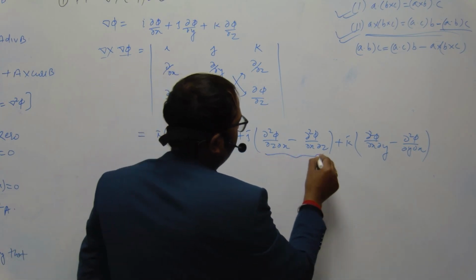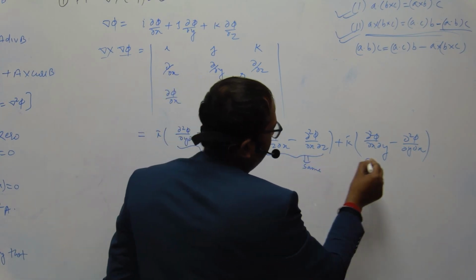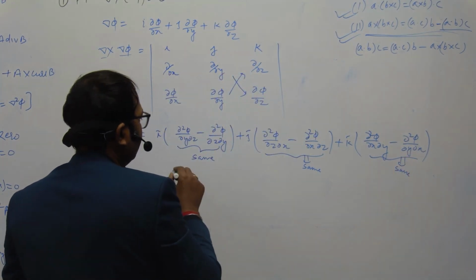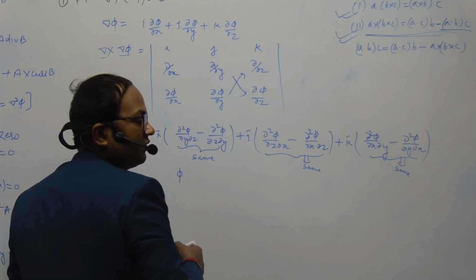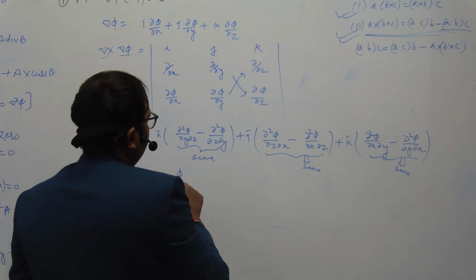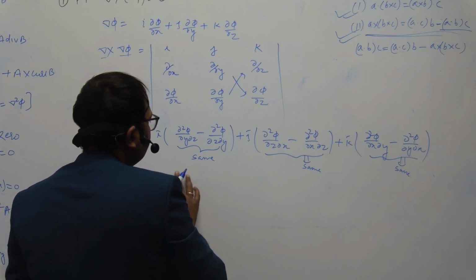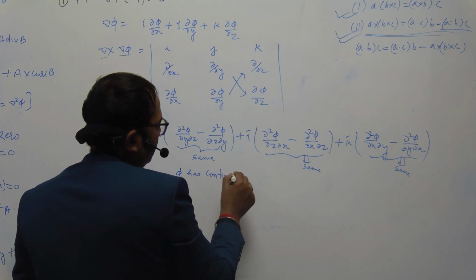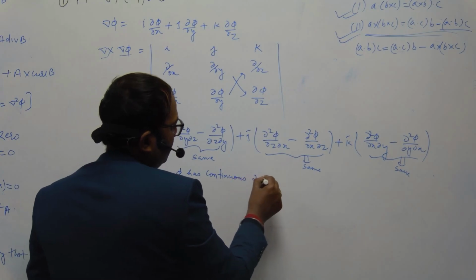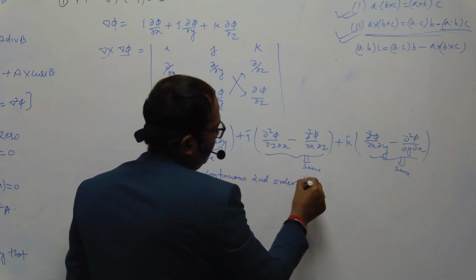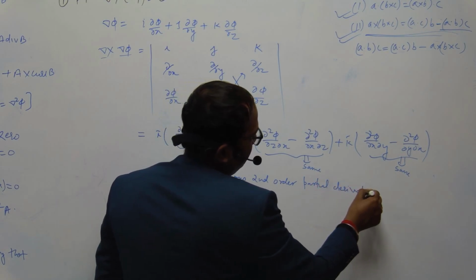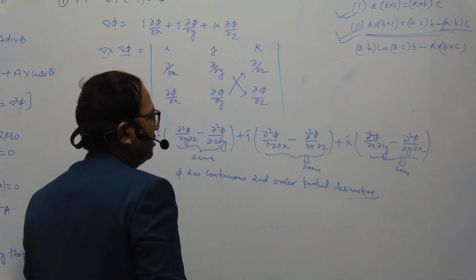These two terms are same because here we have taken an assumption: we have assumed that the function phi has continuous second order partial derivatives.